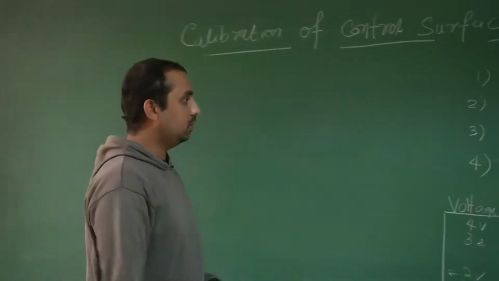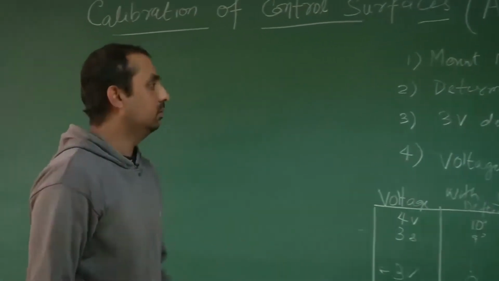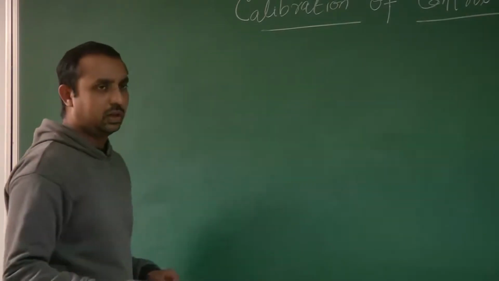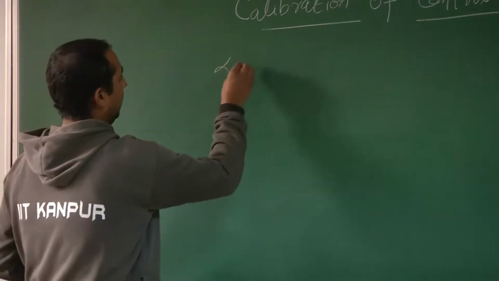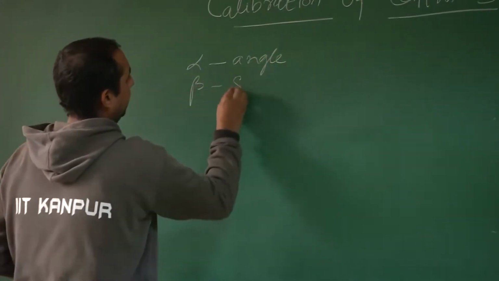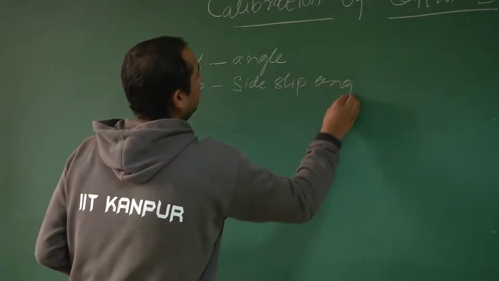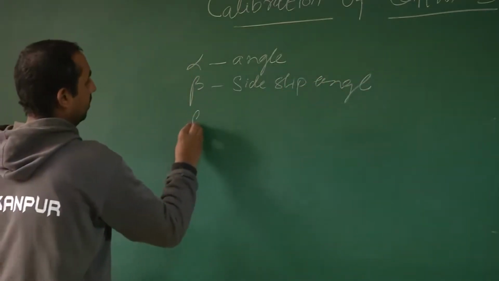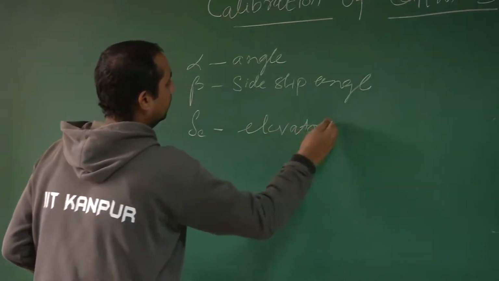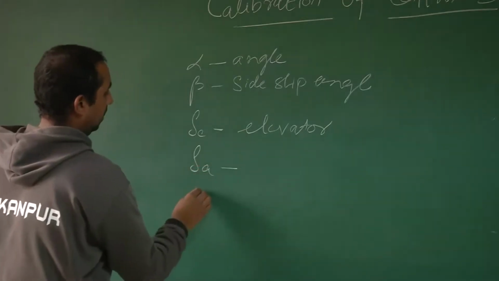Throughout this course, you will be seeing various data, for example for calculation of angle of attack, alpha, beta, the sideslip angle, as well as the deflection of the elevator, your aileron and your rudder.